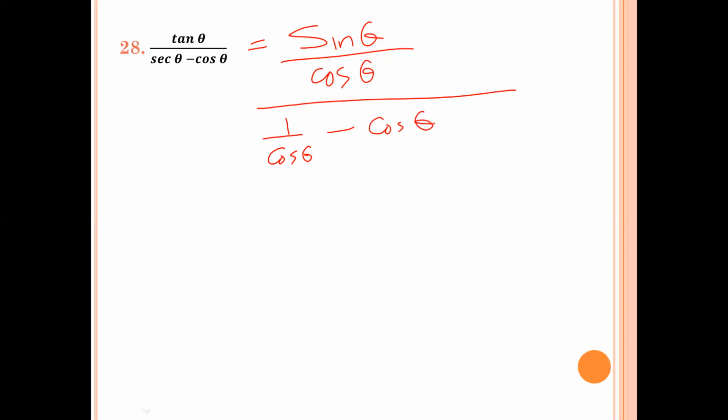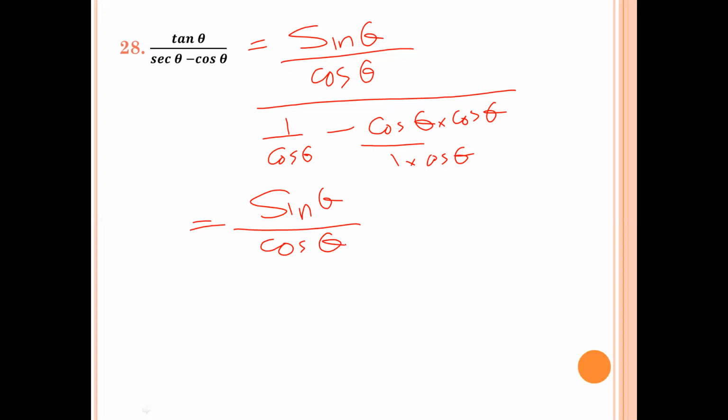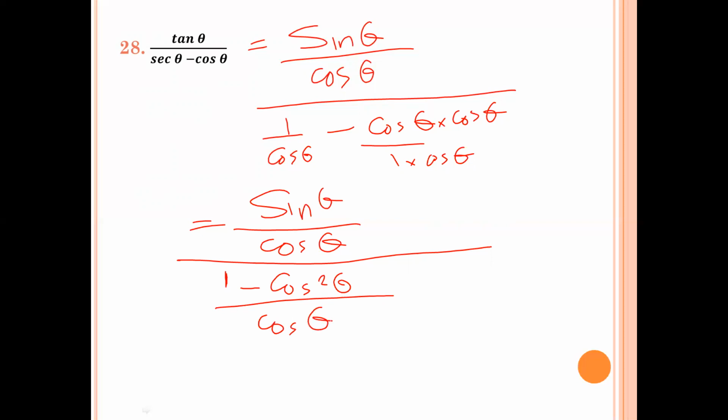Then, by finding the like denominators, it will be sine theta over cosine theta over 1 minus cosine squared of theta over cosine theta.